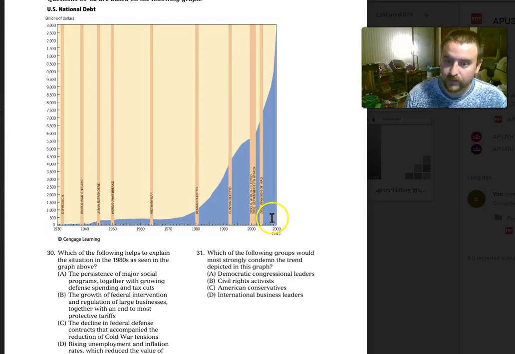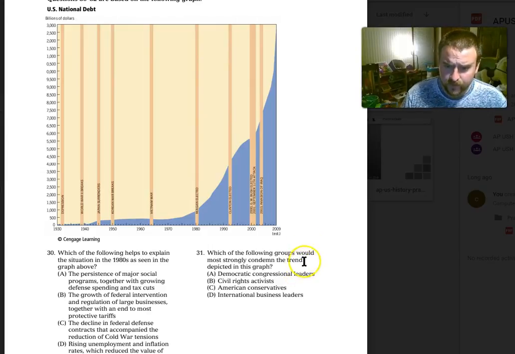This is George Bush, and then we're going to have the Obama years after this, right? Clinton is going to get the peak a little bit down, starting in 1980 though. Alright, so let's take a look at the questions. And again, these really focus on wars and how they relate and correspond to increases in the debt.